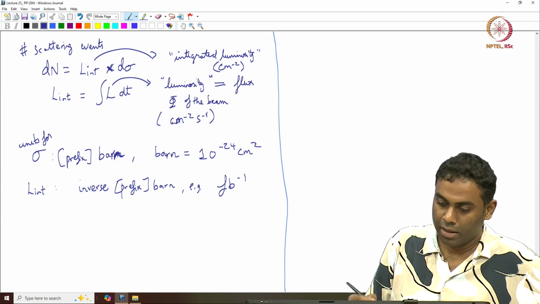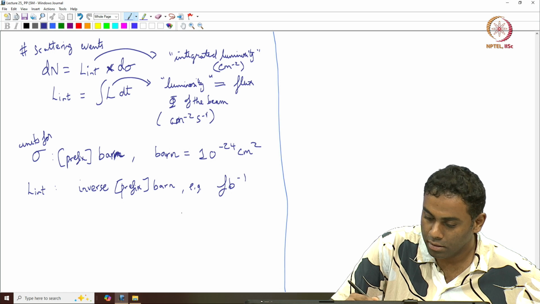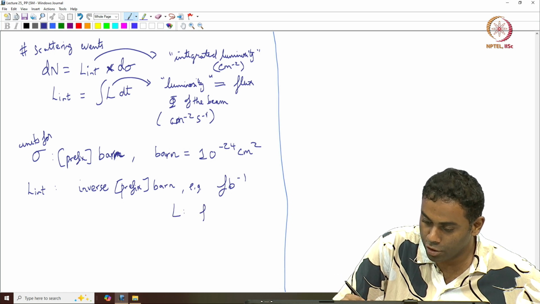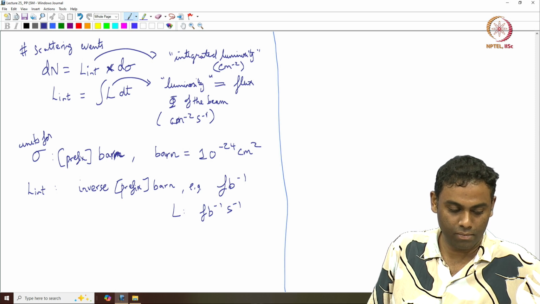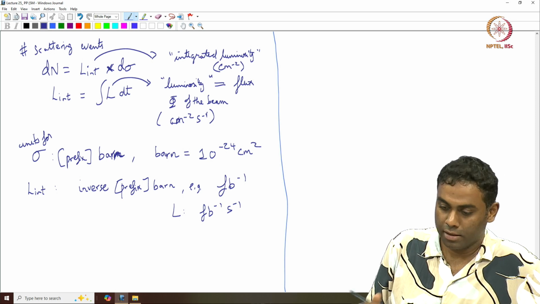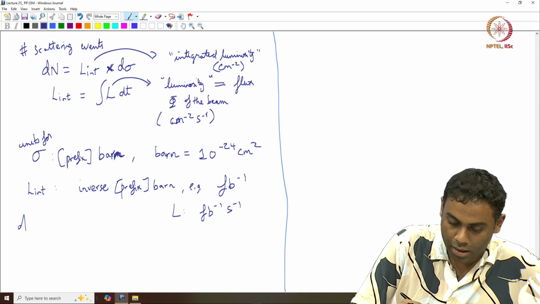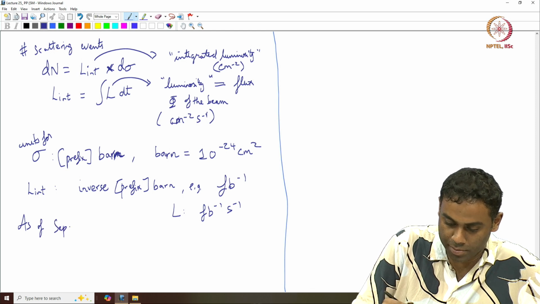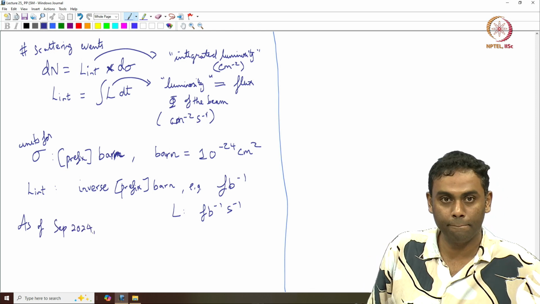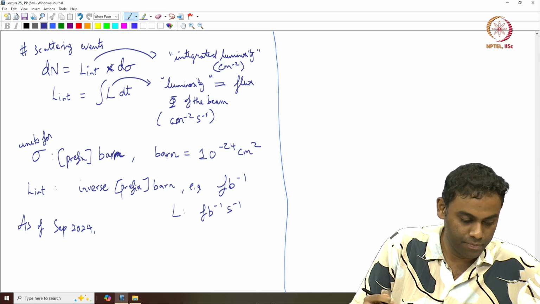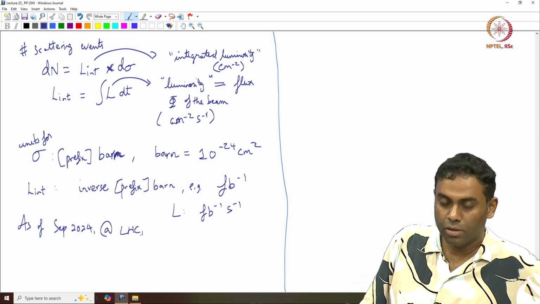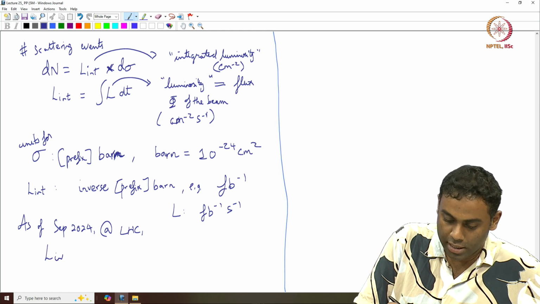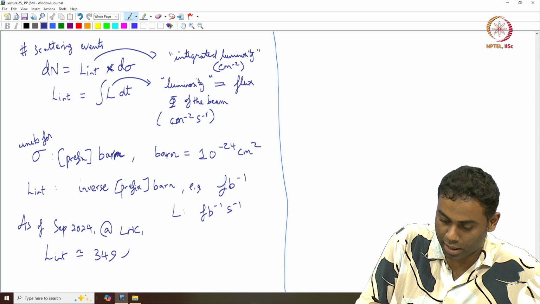Okay, and that would mean the luminosity could be expressed in units of some inverse femtobarn inverse second. All right. In fact, as of September 2024, at the LHC, the total amount of integrated luminosity accumulated is around 349 inverse femtobarn.